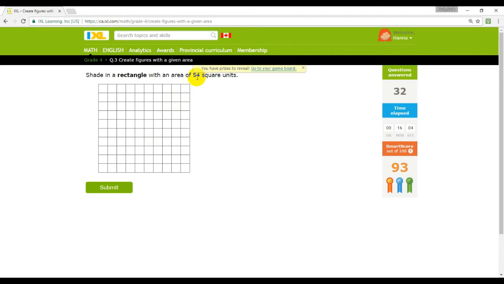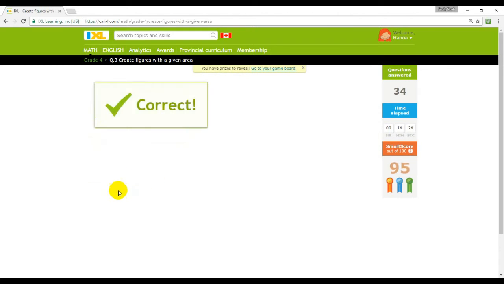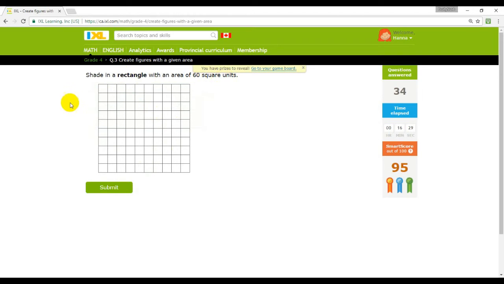54, so that would be 6 times 9. Yeah, 6 rows of 9s. 70, so that would be 7 rows of 10s. 60s, that would be 6 rows of 10s.